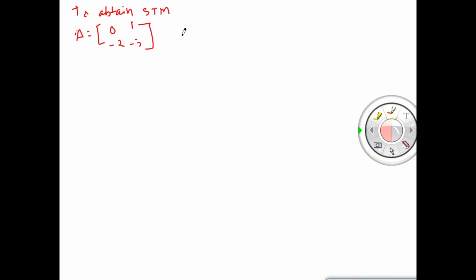As we all know, if you want to find e raised to At, it is nothing but the inverse of (sI minus A).